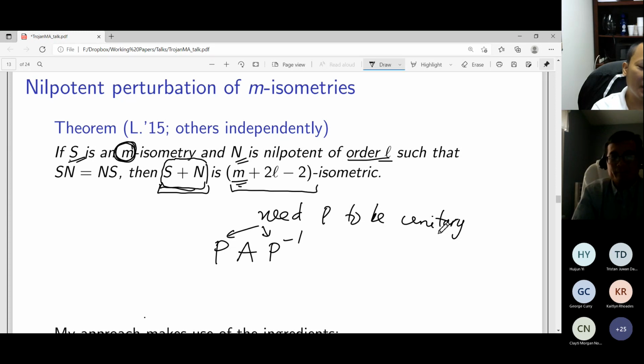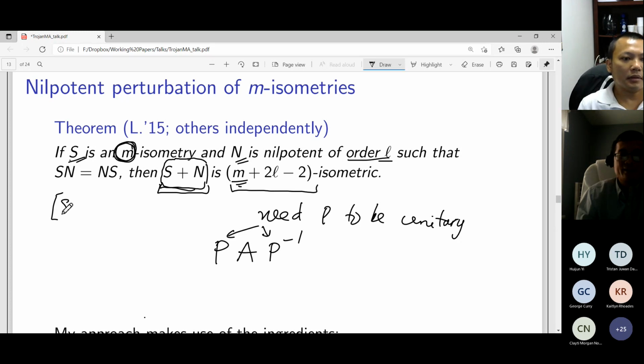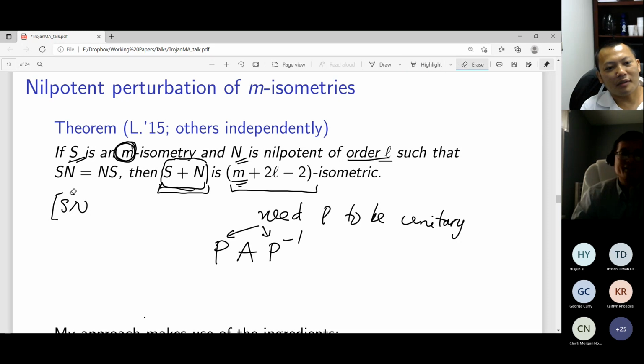In general, that might not be the case, but maybe if, for example, n squared is commuting with S, you might use that to control the situation with S plus N. Something of that type would be interesting. Or we could require the commutator to be small, or something, not zero.